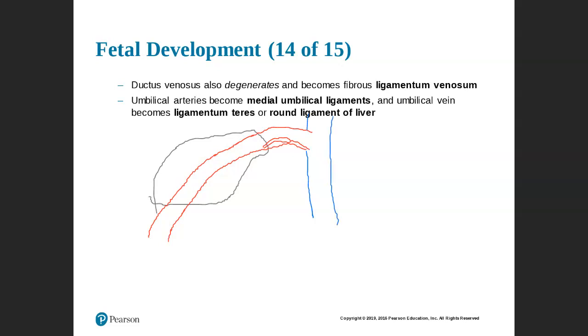The liver is over here. Okay. Anyway, this ductus venosus that you see right here is eventually going to close, and it becomes the ligamentum venosum. Then the umbilical vein becomes the ligamentum teres, also called the round ligament of the liver.